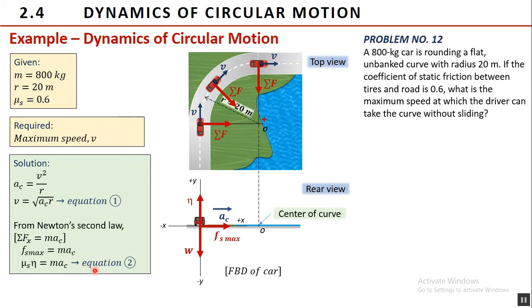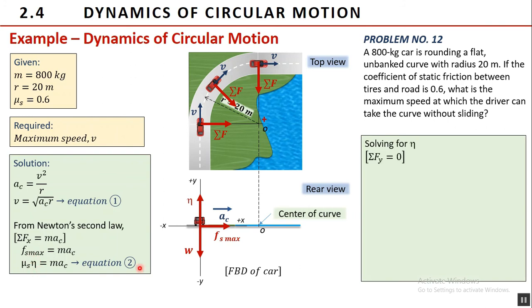From here, let us see if we can solve for centripetal acceleration. We know mu s, but we do not have the value of the normal force, therefore we cannot yet solve the centripetal acceleration using this equation. So again, for the meantime, let us label this as equation 2. Our problem here is the normal force.